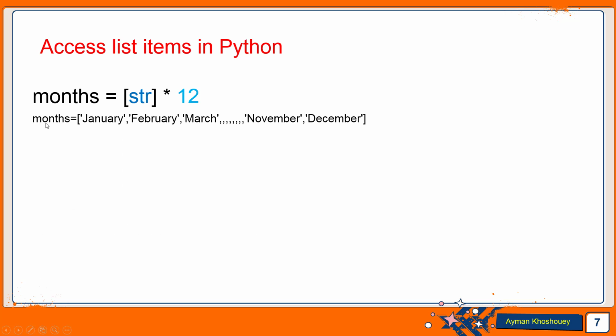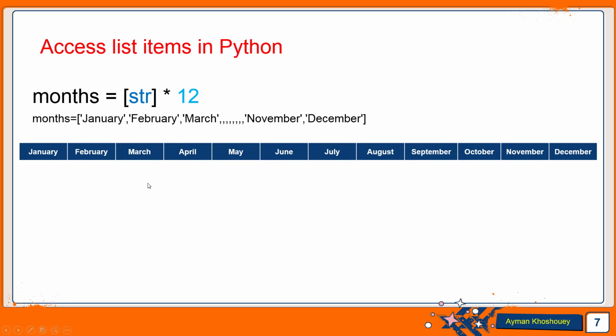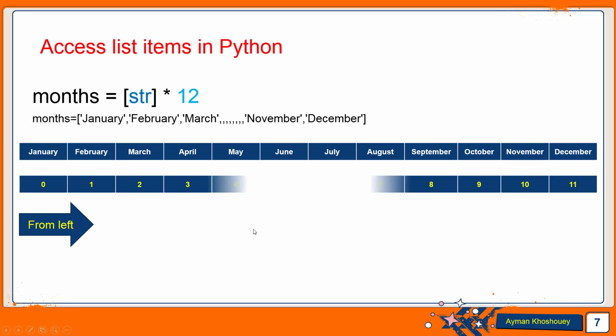You enter months equal January, February, March, and so on until November and December. This is the list view in memory: 1, 2, 3, 4, 5, 6, 7, 8, 9, 10, 11, 12. From the left, this is the index: 0, 1, 2, 3, 4, 5, 6, 7, 8, 9, 10, 11.